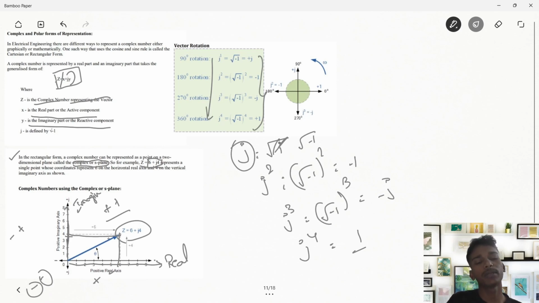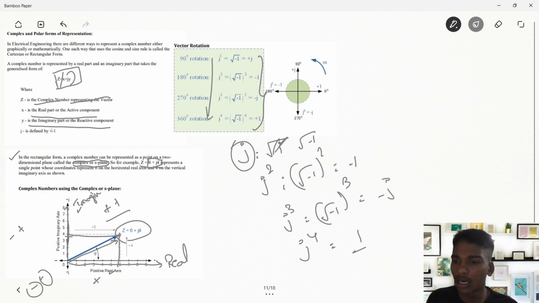We connect it using what we call a position vector in the rectangular coordinate system, just another line to represent the position. That's it. This is a brief introduction about how to represent a complex number and what the components in a complex number are.